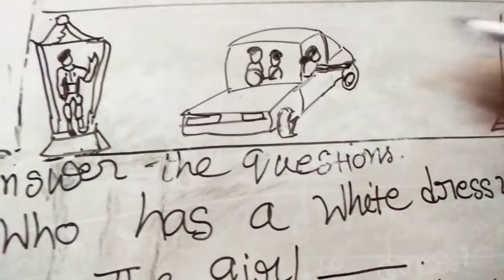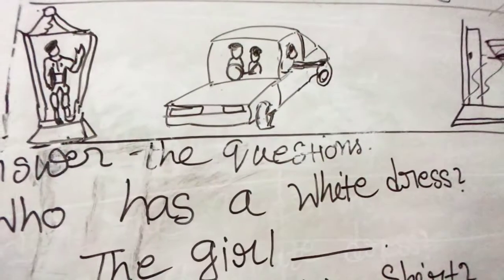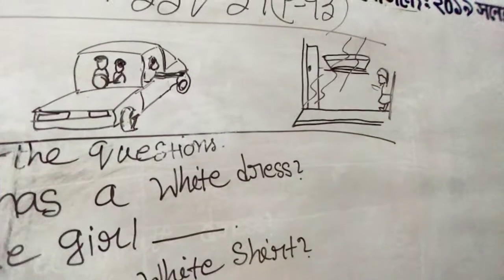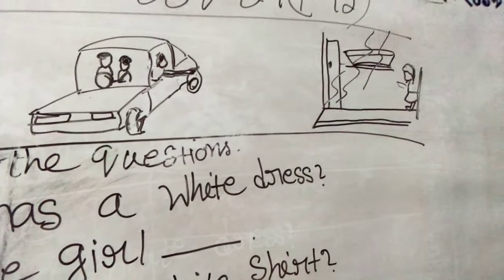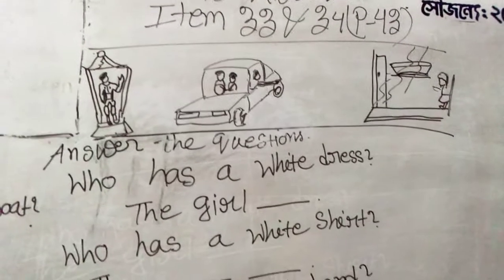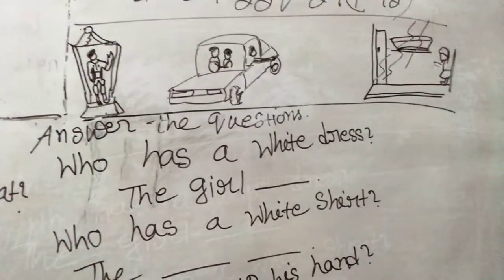I mistakenly drew it, so it's also a boy. Then here, it's a girl. In the last picture, it's a girl. In your book, you can have a clear view of the 3 pictures. Now we need to just mention the answer.